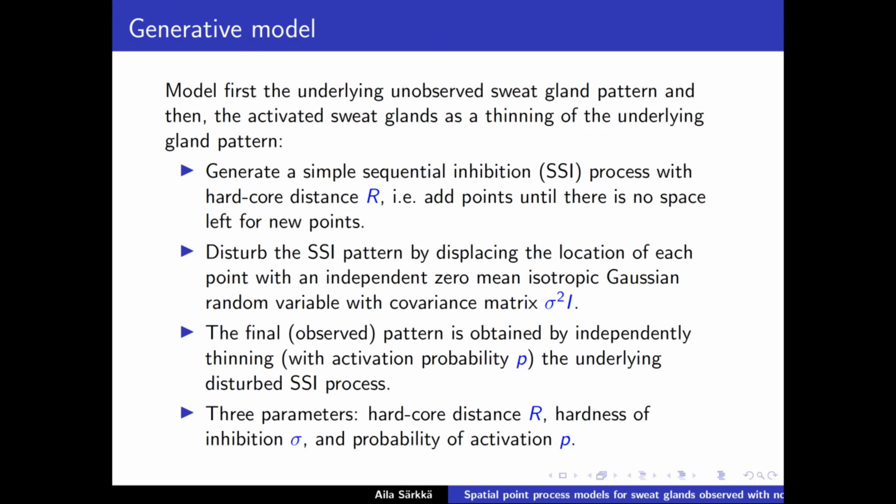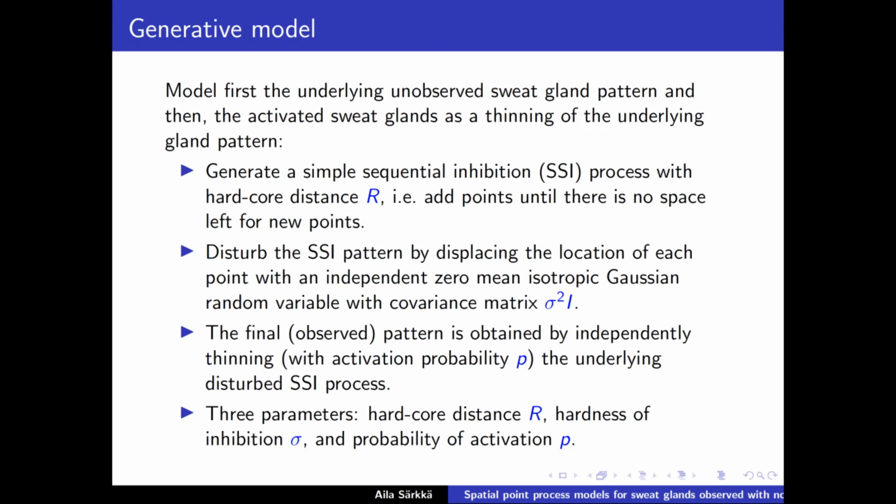To get the softcore structure, we disturbed this hardcore model by adding, for every location, some Gaussian noise with a variance sigma squared. The whole model was disturbed so that we got the soft core structure instead of the hardcore structure. That was our way to generate the underlying gland pattern that we are not observing.